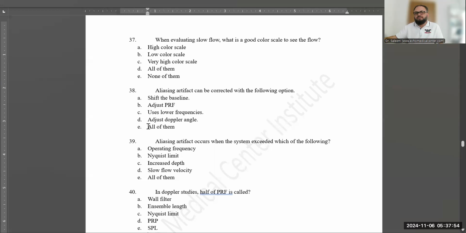Is it adjust the Doppler angle, or all of the above? Yes, I will also select E, all of the above. That is the correct answer, because all these things will fix the aliasing artifact we have. PRF is pulse repetition frequency. That is like a scale, correct?